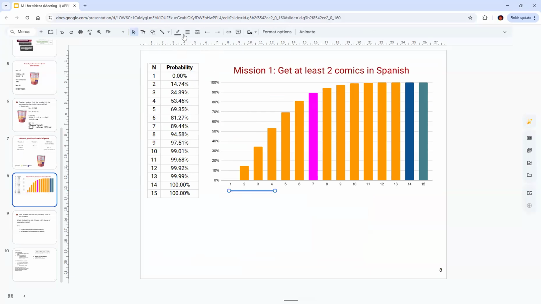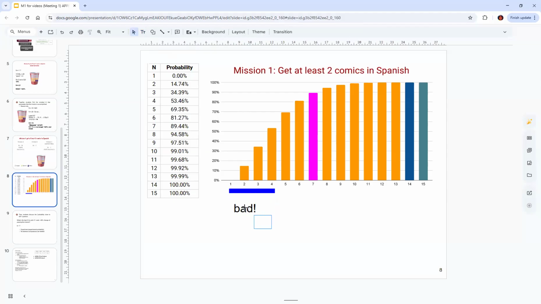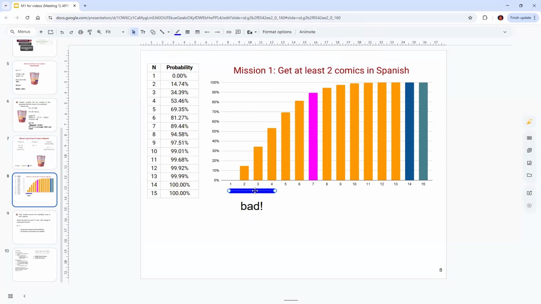So I'm going to reason and say that this range here is kind of a bad strategy. I mean, 1 and 2 are really bad. 3 is still a lot of risk, but still doable. And I guess up to 4, I'm just picking them as bad.